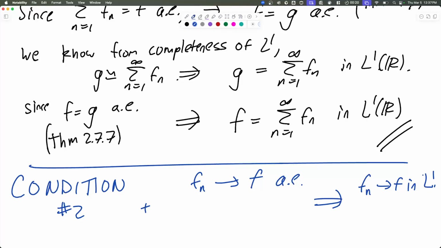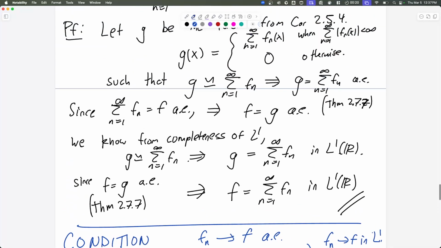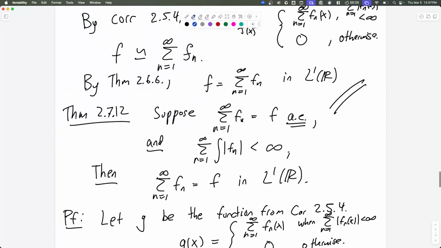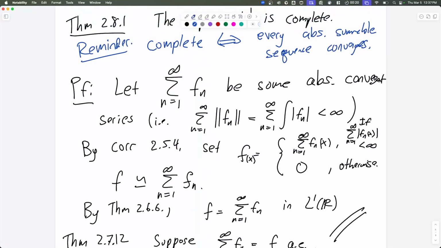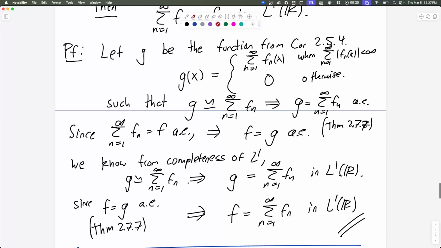Yeah. Sorry, just to go back. How does the completeness of L1 imply that? Yeah, what I mean is the proof we just did. This is a good point. What I really mean is the proof over here. We know from the proof, I mean, I think this was a theorem, right? That if G is sim equal to this stuff, then this works in L1. That really is the definition.